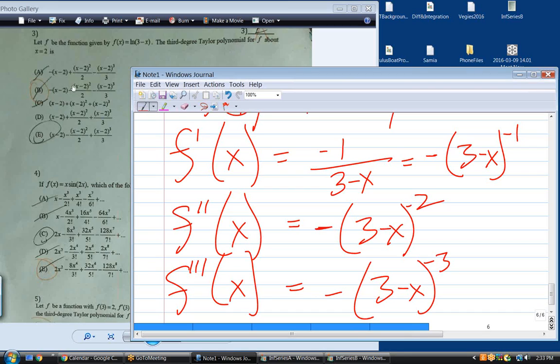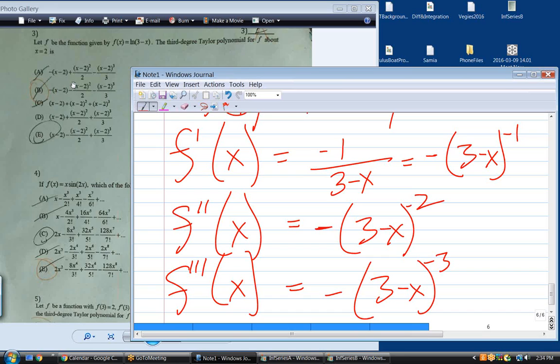That's why B is the answer. B is the only answer where every term is separated by a negative sign. In other words, your first derivative evaluated at 0 is going to give you a negative number, the second derivative evaluated at 0 is going to give you a negative number, and the third derivative is going to give you a negative number.